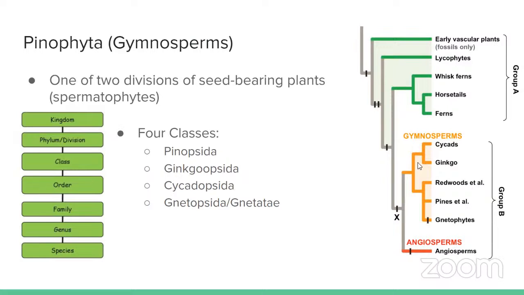Cycadopsida, which are cycads, and then Gnetopsida, sometimes referred to as Gnetales, which is its own weird little group. When we see phylogenies vary, Gnetopsida is going to be one of the ones that is particularly confusing. But we'll look at that in a little bit.